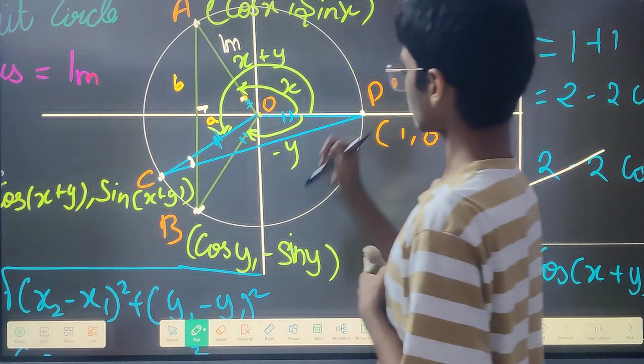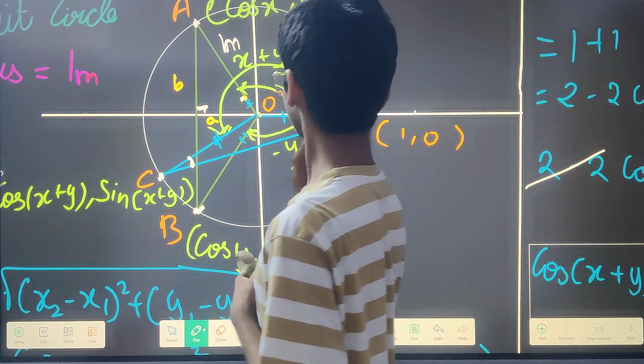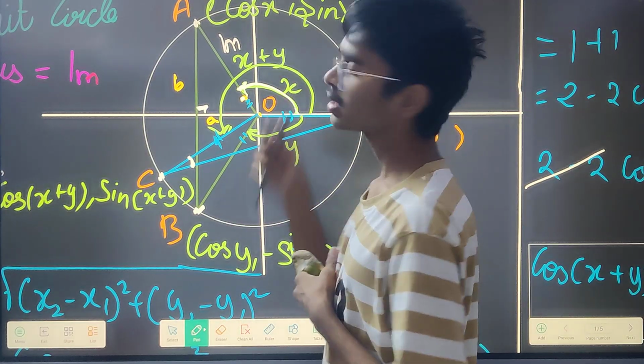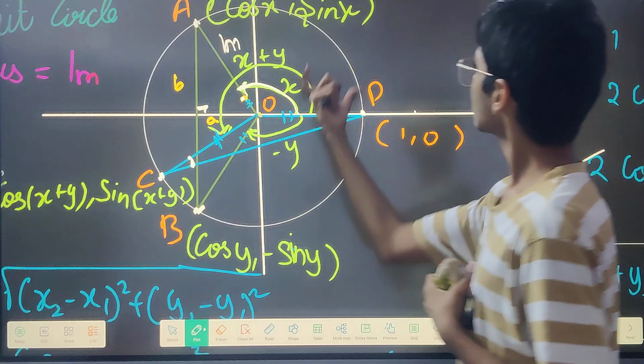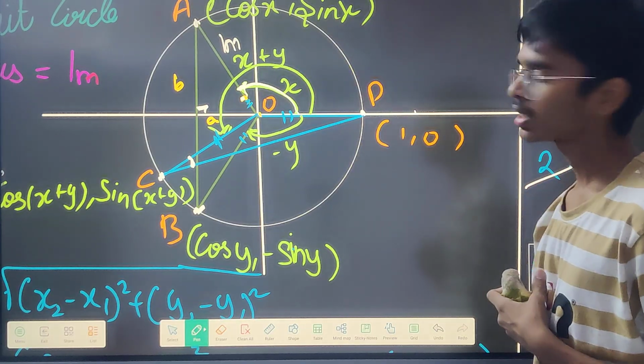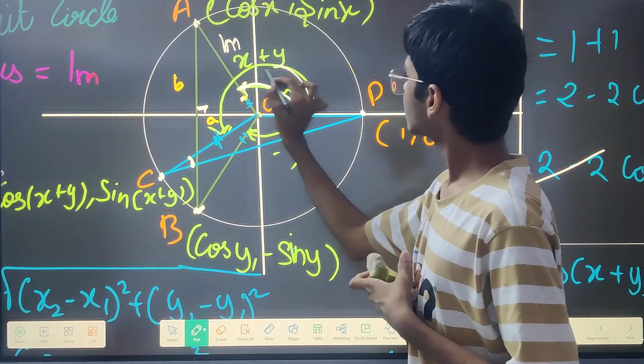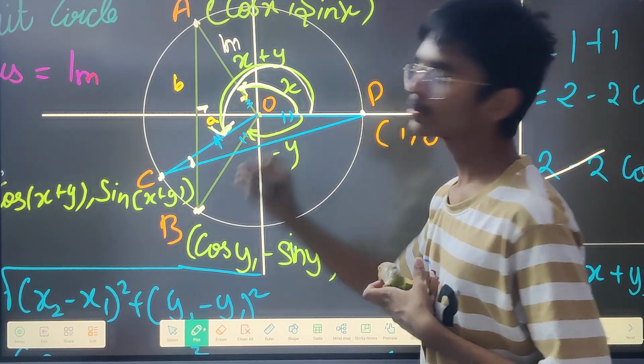So that means when you are taking this angle, which is x degrees, the x-axis must be written as cos x, and the y should be represented by sin x. Then for this angle, it is cos of x plus y and sin of x plus y.